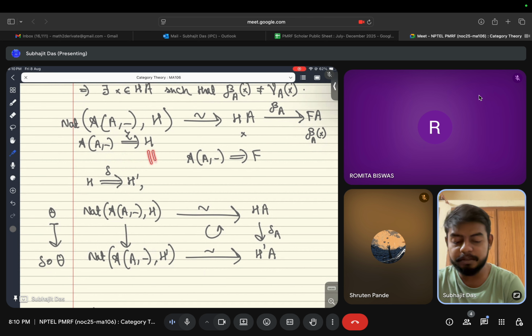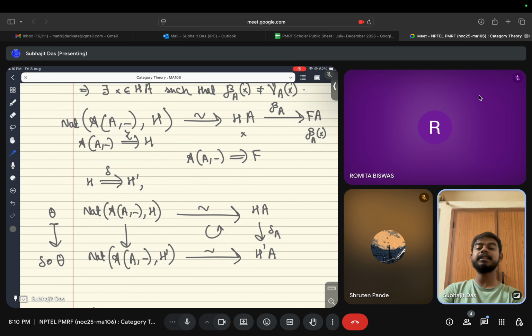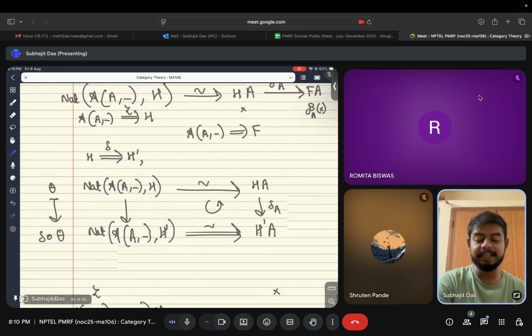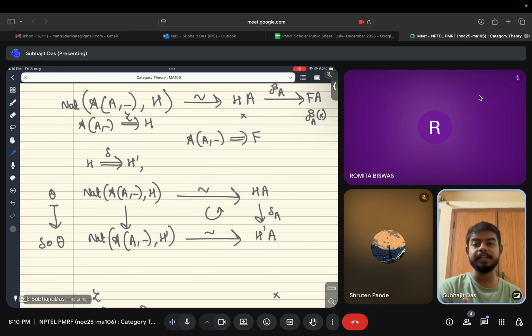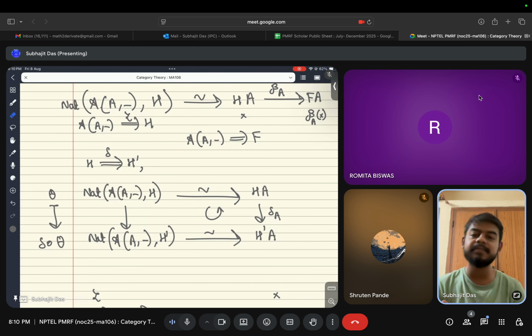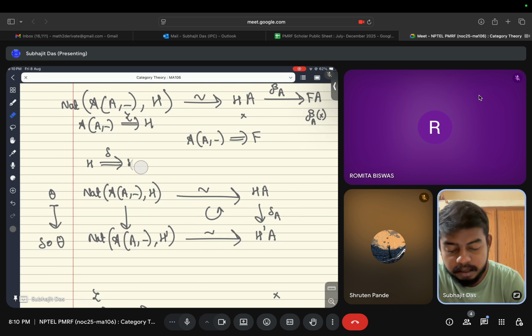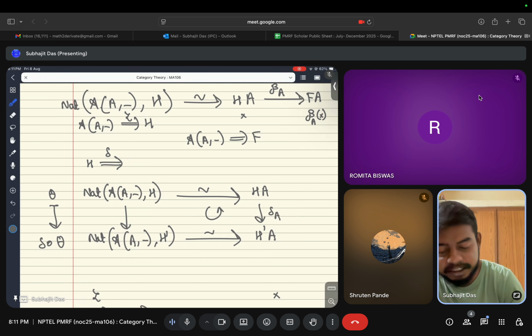The answer should be beta composed with zeta, right? And in fact we verify this using the Yoneda lemma. That is what the statement of the Yoneda lemma says. That is what the naturality implies. So you take from H to F, you take beta.